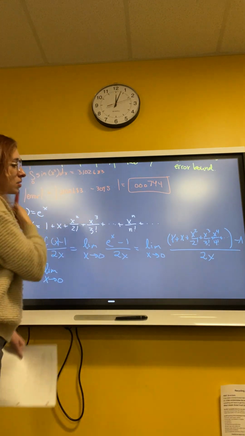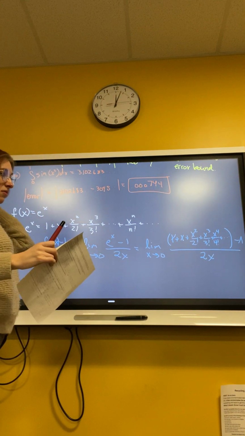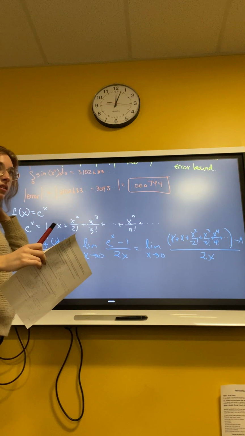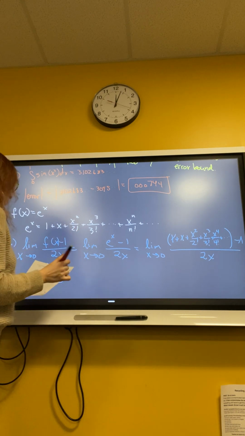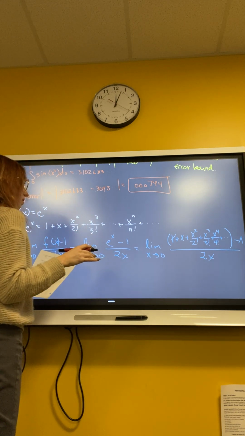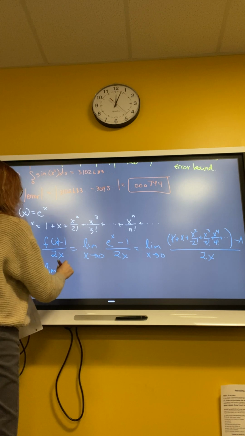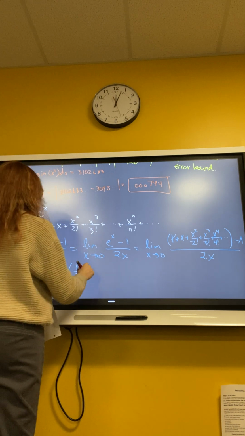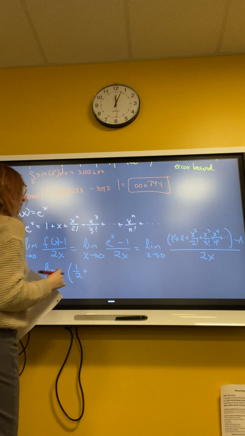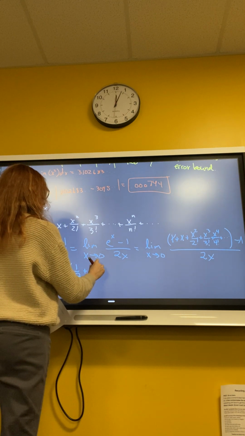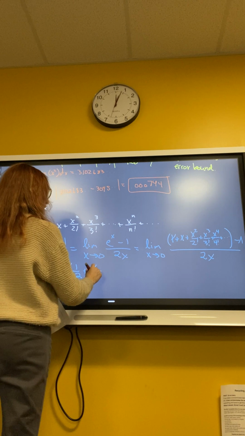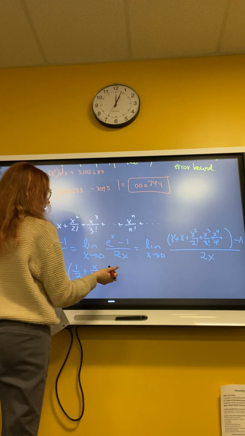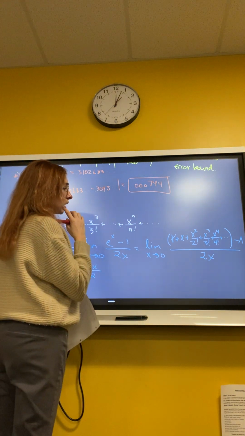So we could do L'Hopital's, but also I can actually just divide by 2x. I can just divide all of those. So x over 2x just becomes what? 1/2. X squared over 2 factorial over 2x becomes x over 4.